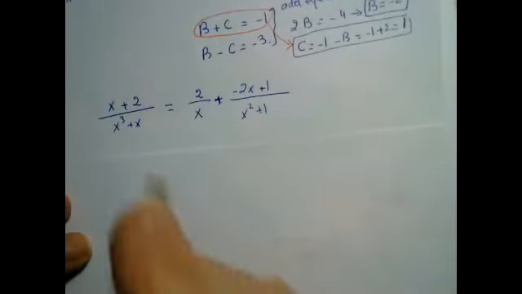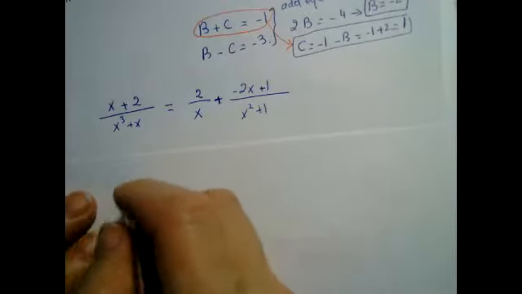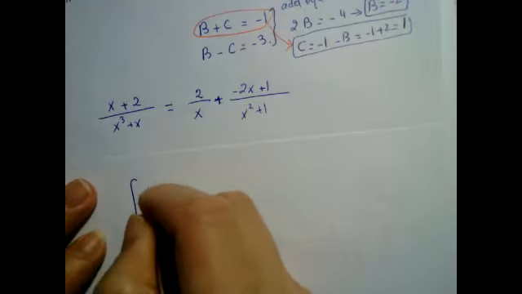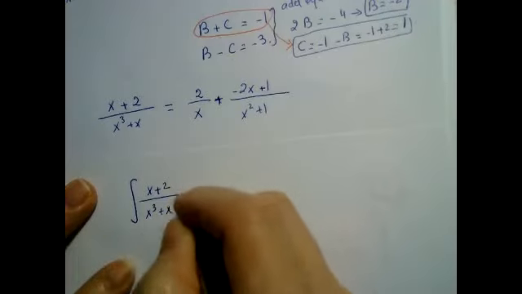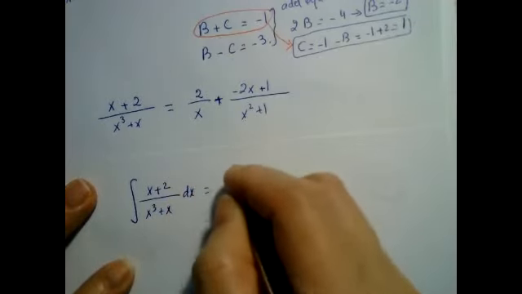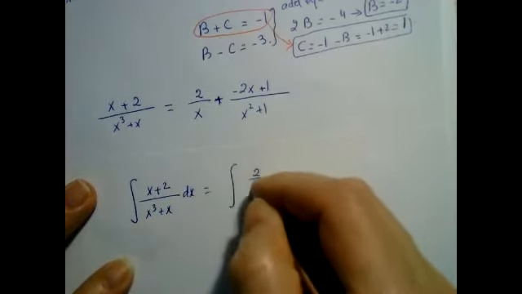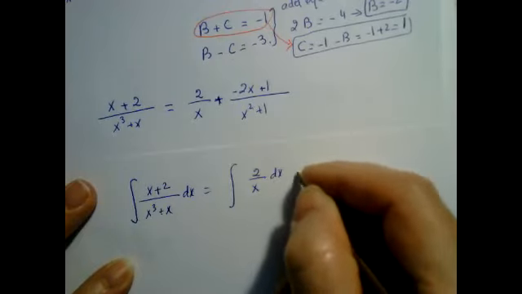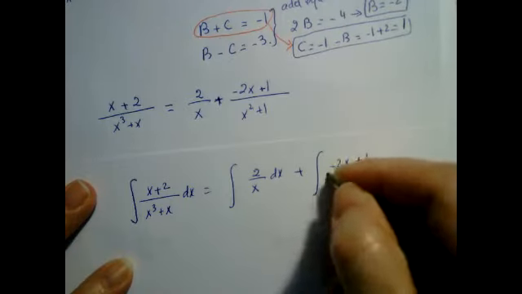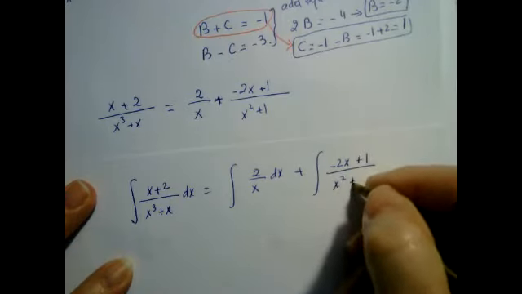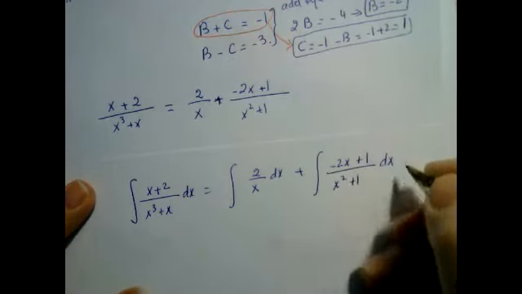So now I would get the integral of x plus 2 over x cubed plus x dx. It's the antiderivative of 2 over x dx plus the antiderivative of minus 2x plus 1 over x squared plus 1 dx.